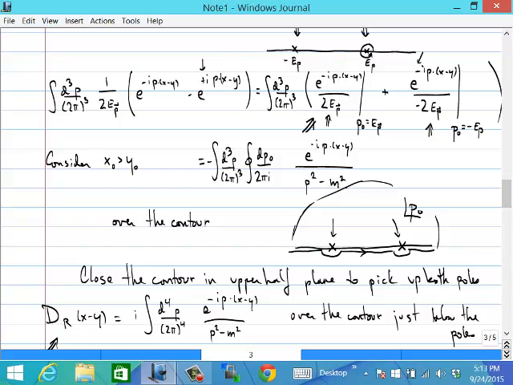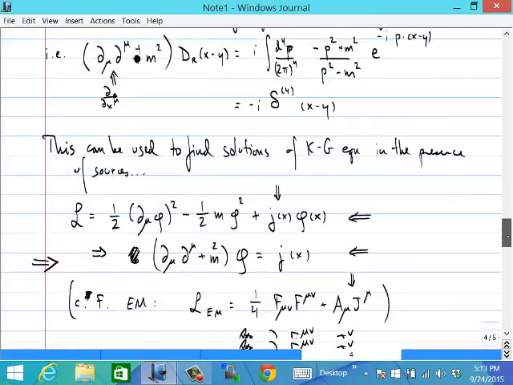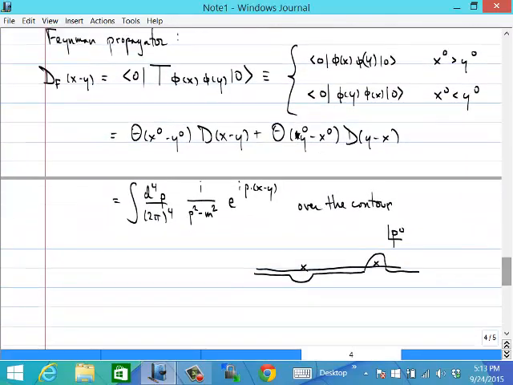There was this term here, which came from this pole right here, and we had to go below it. And if we were trying to compute an advanced propagator, we would get this term here, and you would have to go above this pole here rather than below it. Okay. So this is the definition of the Feynman propagator.